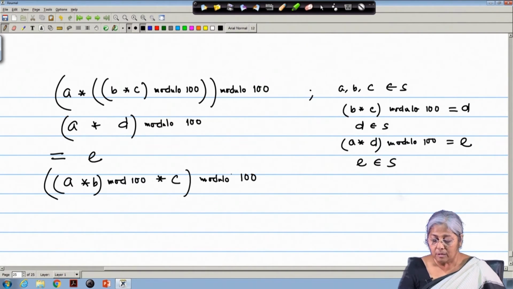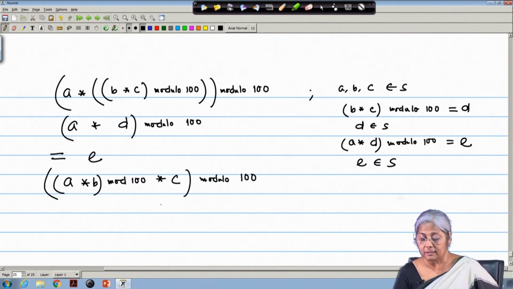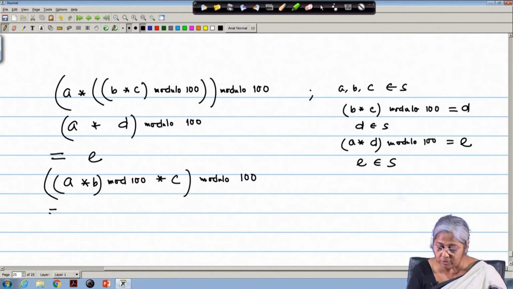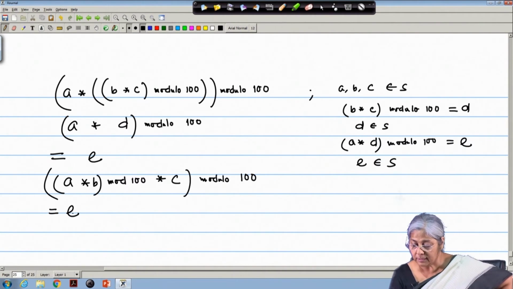Since we are getting A star B modulo 100, we are taking the last 2 digits, only the remainder, and again that is multiplied with C. Taking the remainder when divided by 100, remainder meaning the last 2 digits, it will be E only.